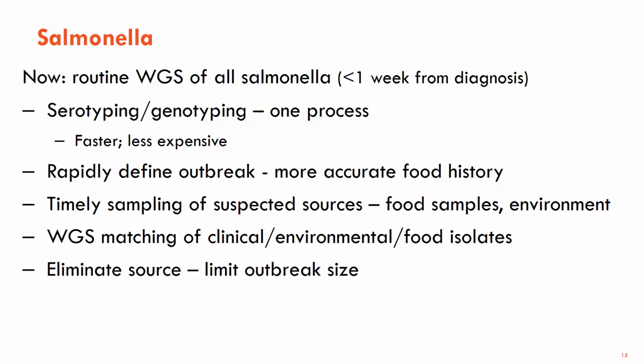And it also means, of course, that a suspected outbreak can be confirmed, and often otherwise unrecognised outbreaks can be identified quickly enough that food histories are more accurate, and a suspected source of the salmonella can be identified and confirmed in time to prevent additional cases occurring.